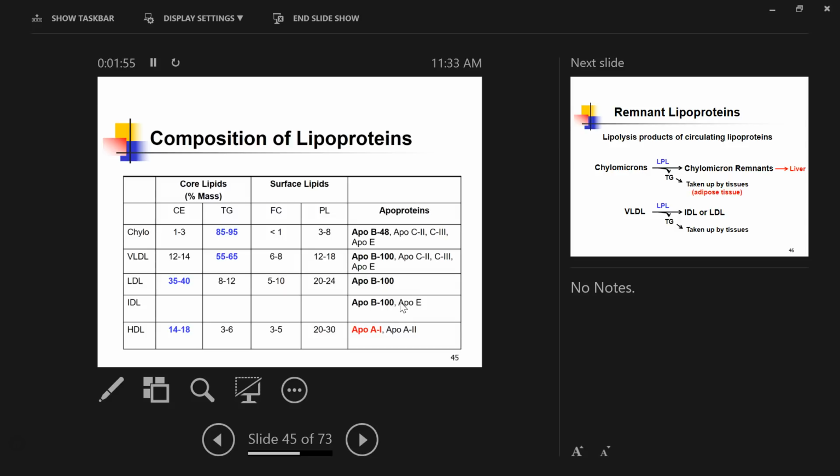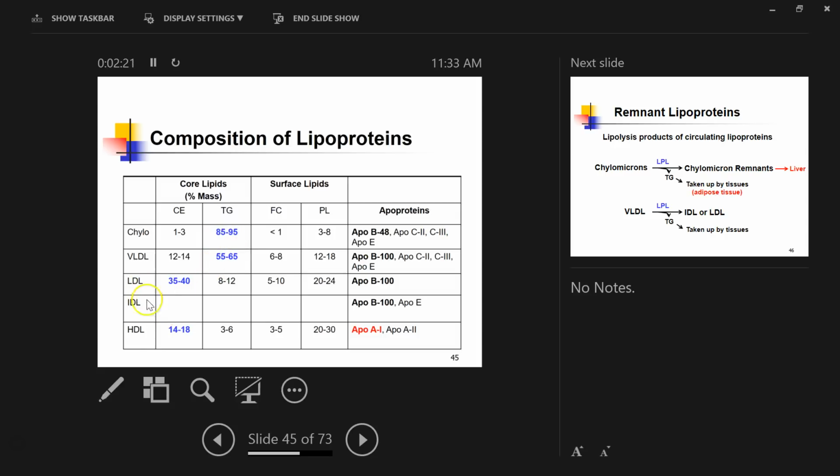So 54. What is the main lipid component of chylomicron, VLDL, LDL, HDL? Both chylomicron and VLDL are triglyceride-rich lipoproteins. That means they contain the majority of the lipids in the core as triglyceride, right?